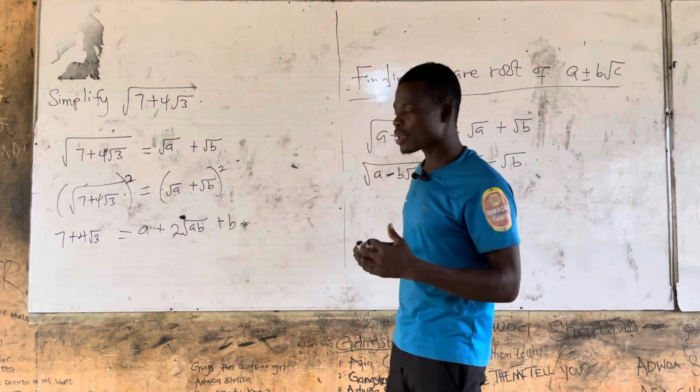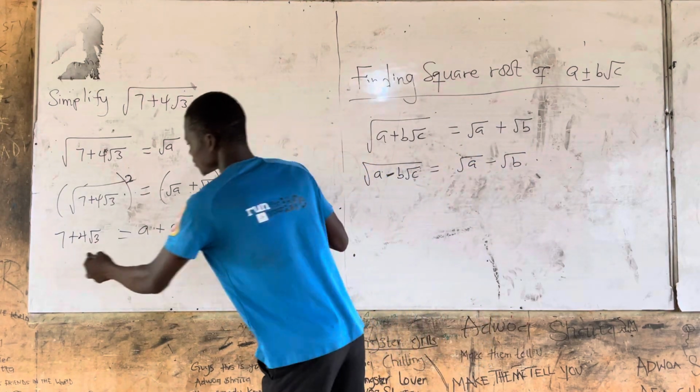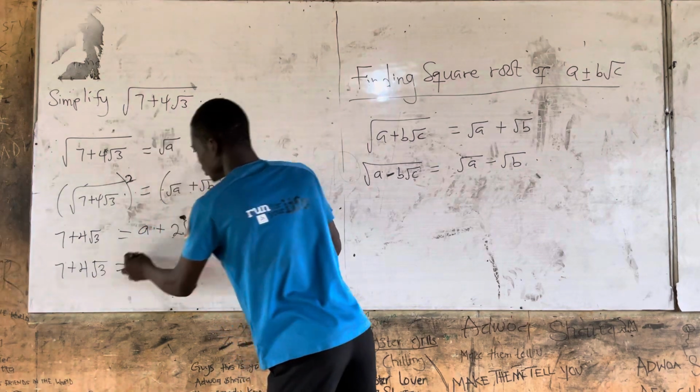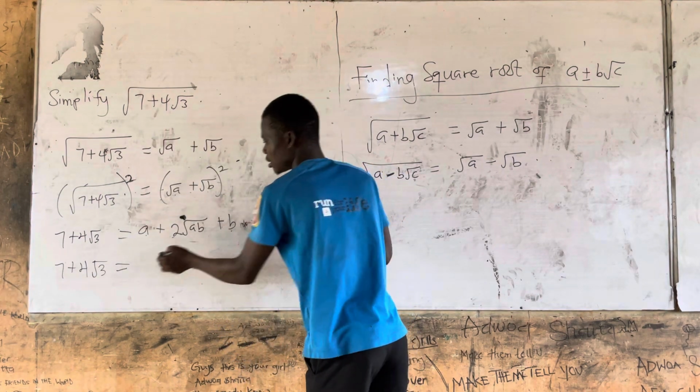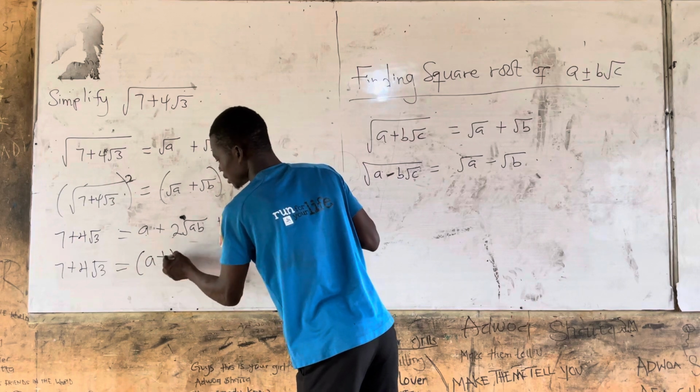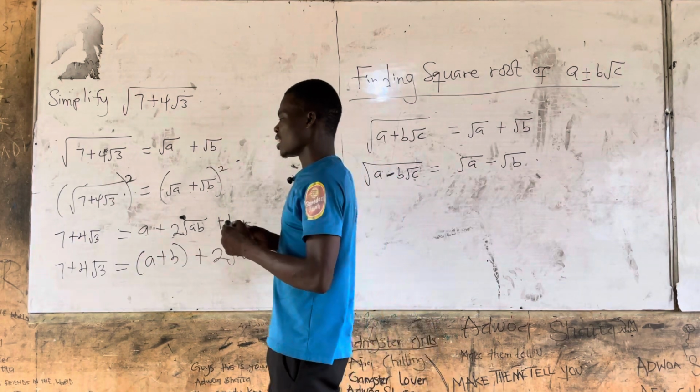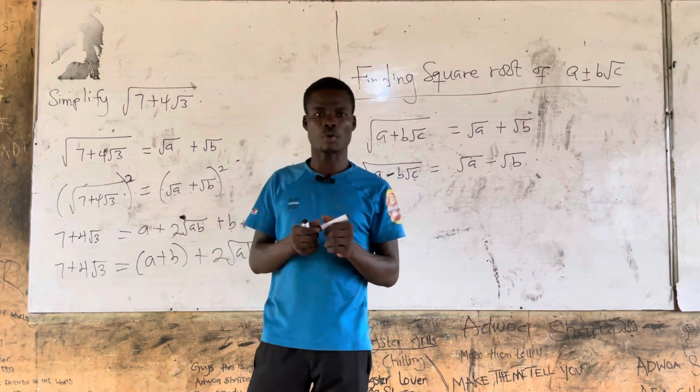And we are going to get 7 plus 4 root 3 equal to the constants a and b. We have a plus b plus 2 root of what? ab.